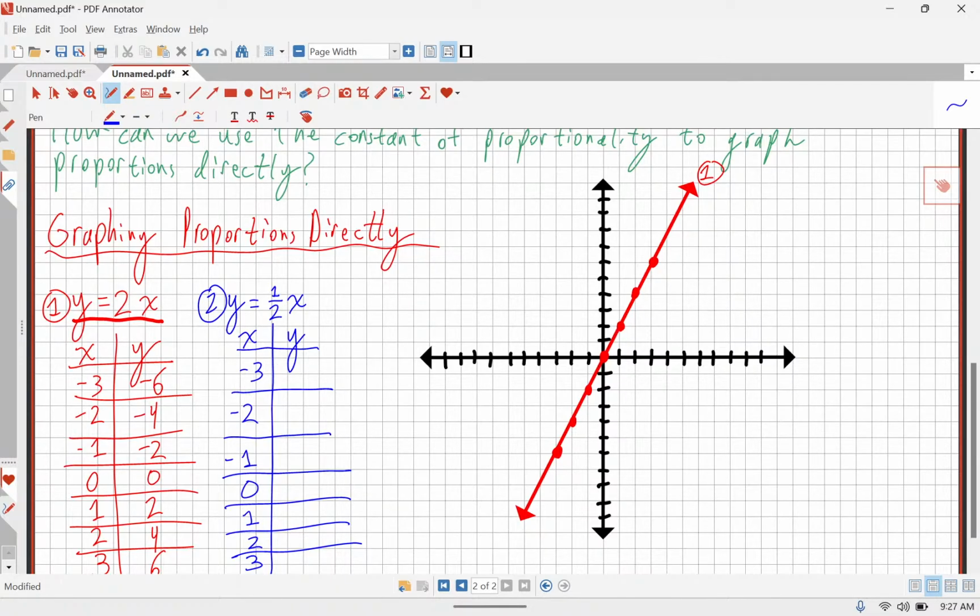Give it a shot, and here we go. And then graph that too if you want to.